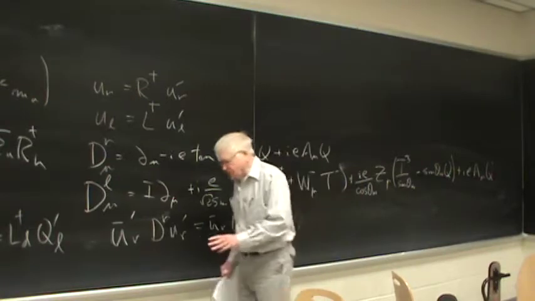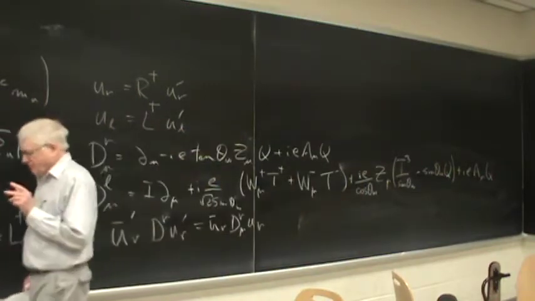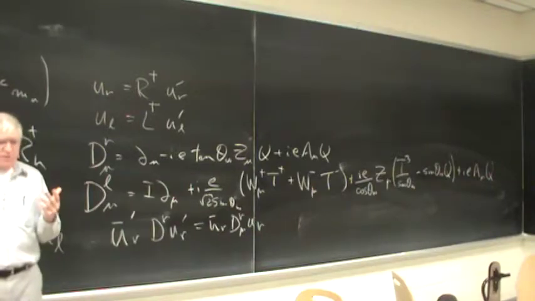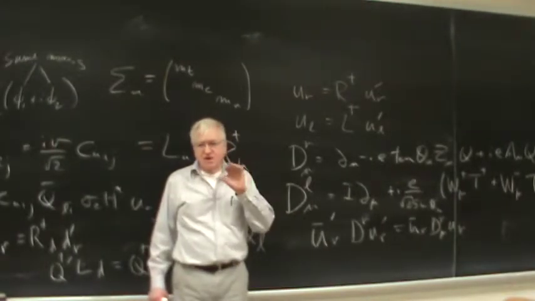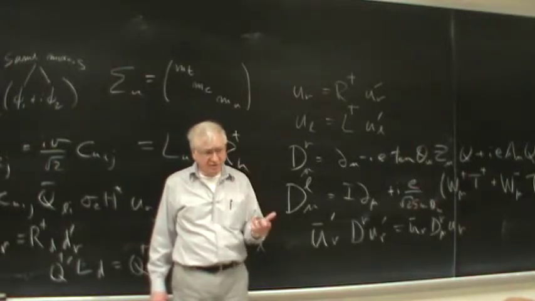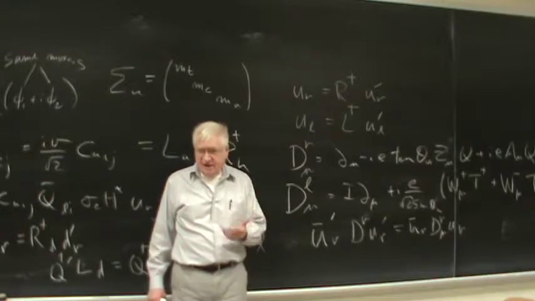By the way, let me mention, when we do physics, the first thing we do is we analyze the part of the theory that we know something about, namely the quadratic part, and we diagonalize that.